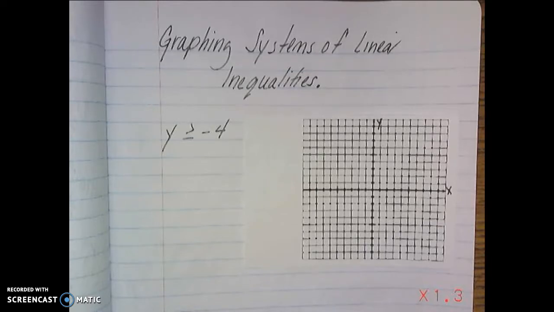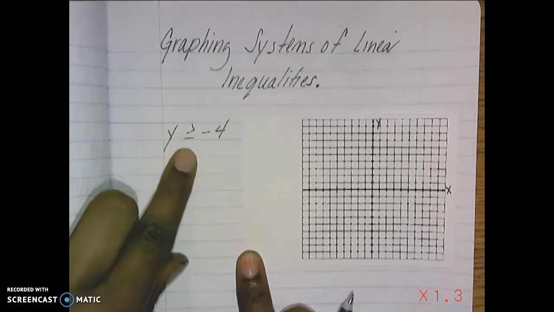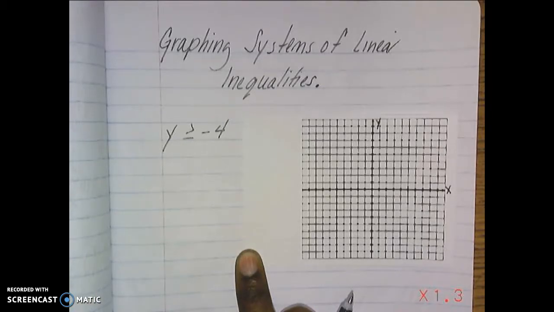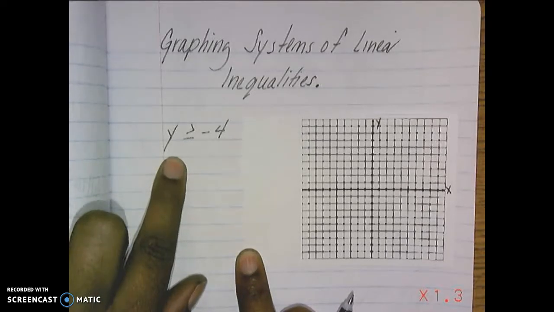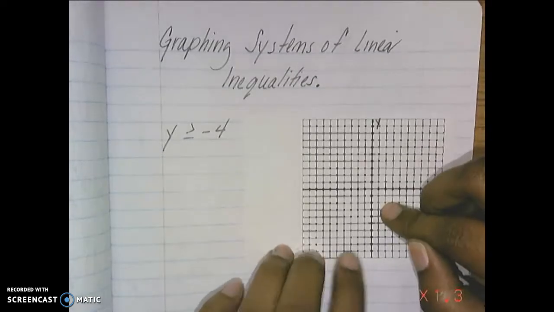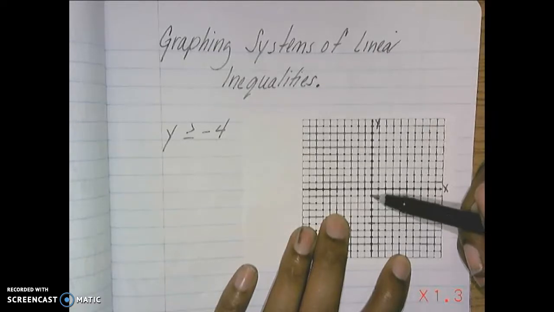So we're going to start with some things that we already know. The first inequality is y is greater than or equal to negative 4. My line where y is equal to negative 4 is going to be a horizontal line. I'm going to start from the origin and go down 1, 2, 3, 4.